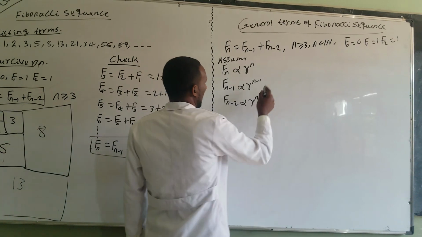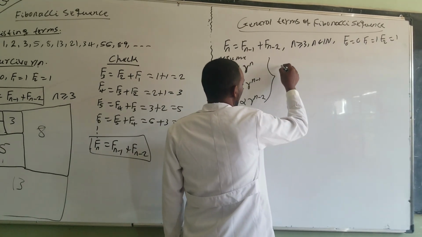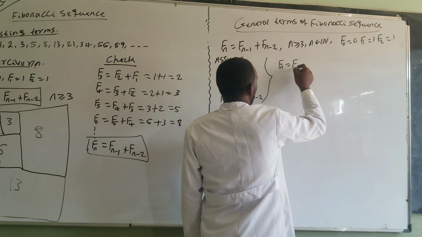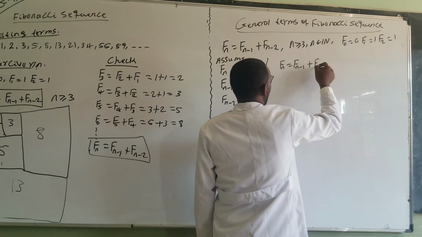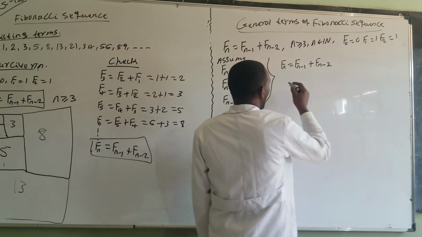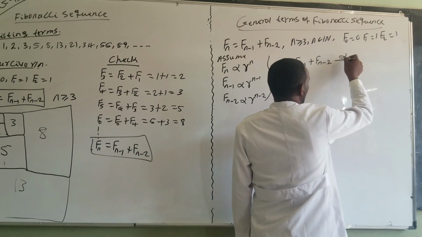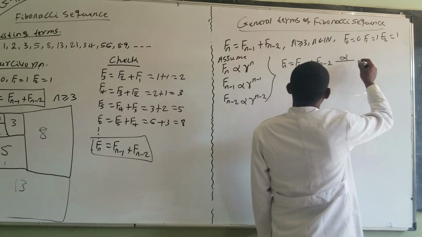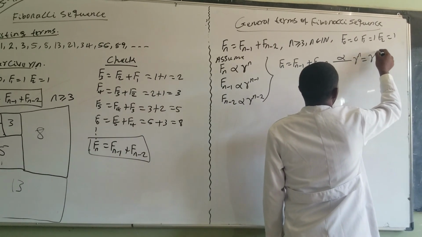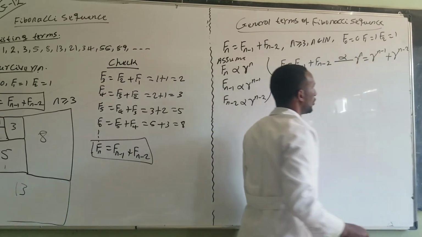Then from the recursive relation f of n is equal to f of n minus 1 plus f of n minus 2, this is proportional with r to the power of n is equal to r to the power of n minus 1 plus r to the power of n minus 2.